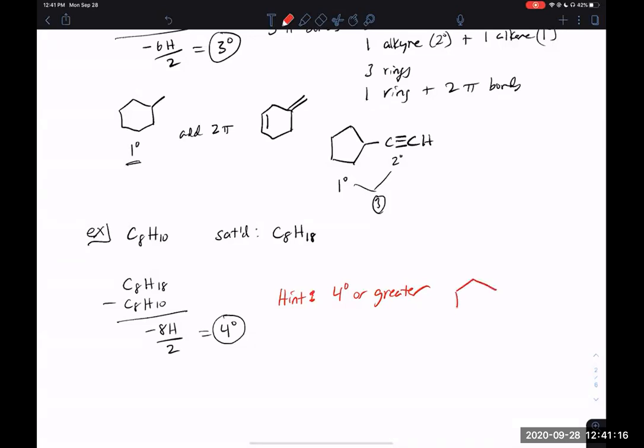You have a 6-membered ring. That's 1, you've got 1 ring. That leaves 3 to go. 3 double bonds. It's a benzene. A benzene is 4 degrees. So let's say you have 5 degrees. You've got a benzene plus something else. So anytime you have 4 degrees or greater, don't go banging out 4 double bonds in a row. Do a benzene ring.